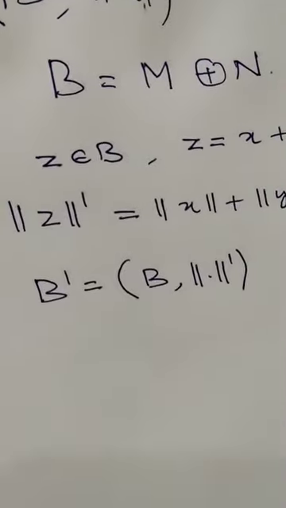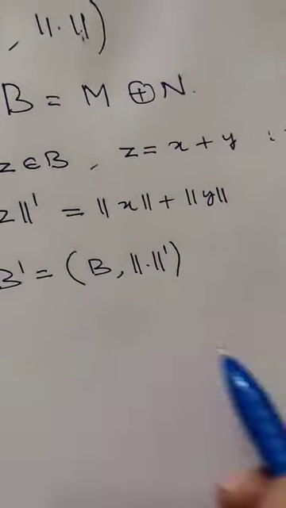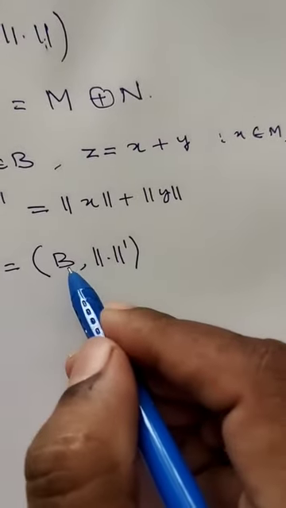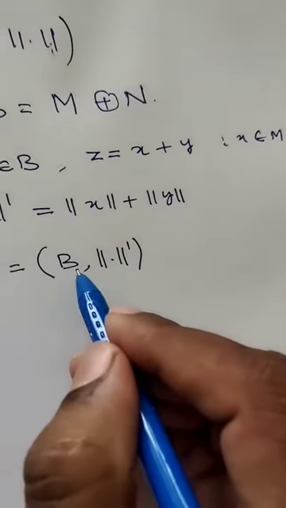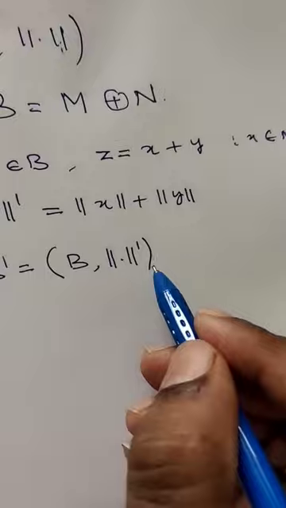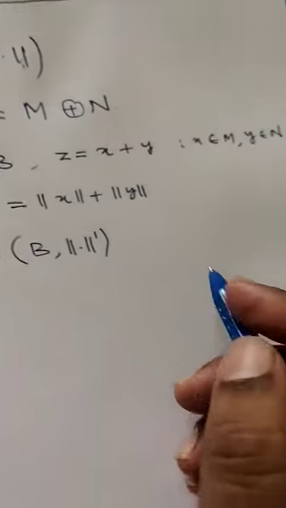This is a norm on B, and B dash, that is B with this norm, is a Banach space if M and N are closed.